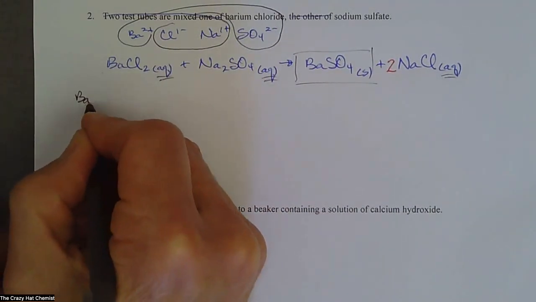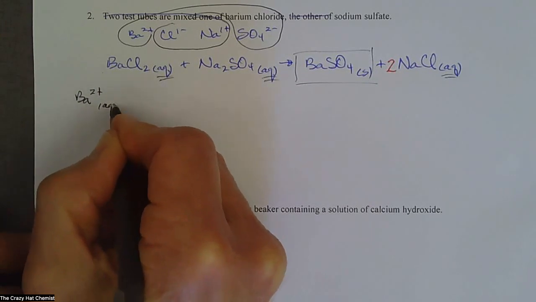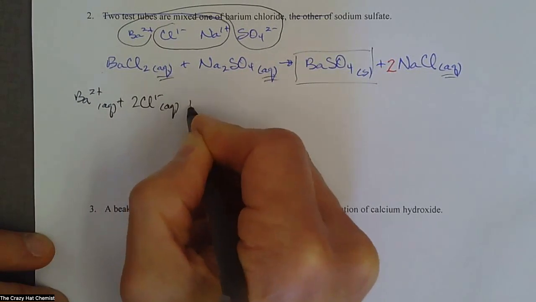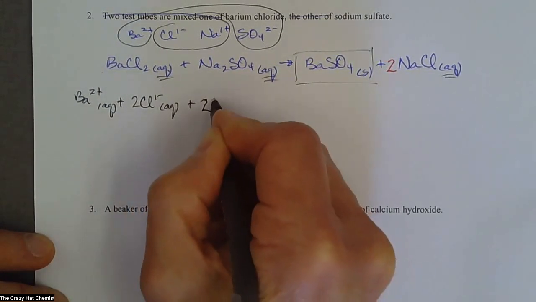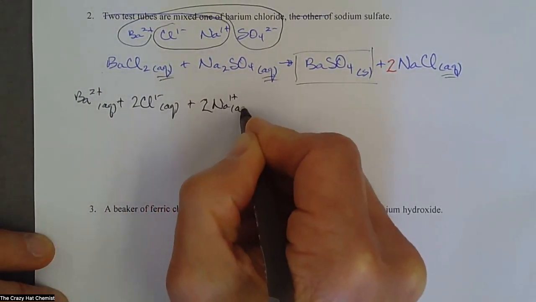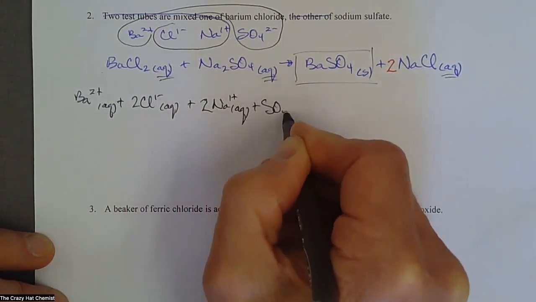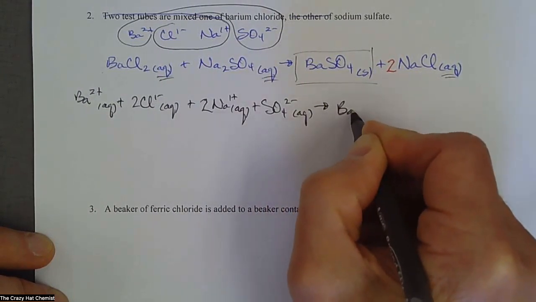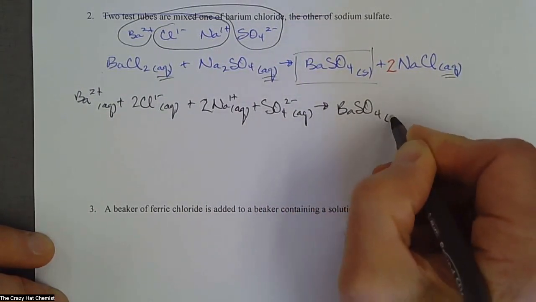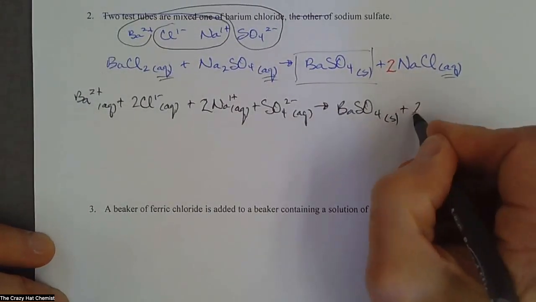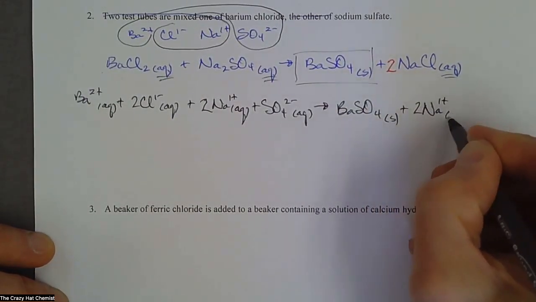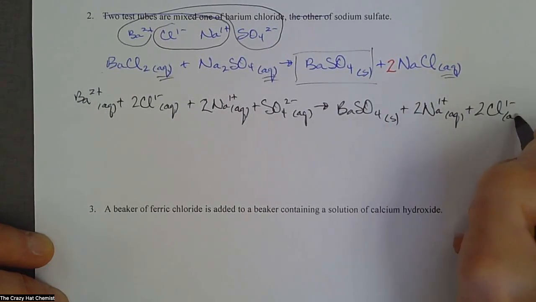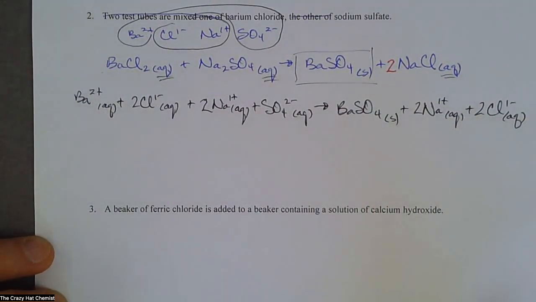So that is Ba2+ aqueous plus 2 chloride ions, that's aqueous, plus 2 sodium ions, aqueous, and 1 sulfate, aqueous, yields barium sulfate, and that is my product that is insoluble, plus 2 sodium ions, aqueous, and 2 chloride ions, aqueous. Okay, so hopefully you see everything right there.